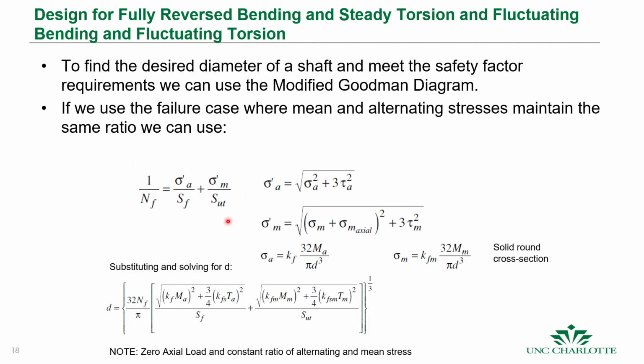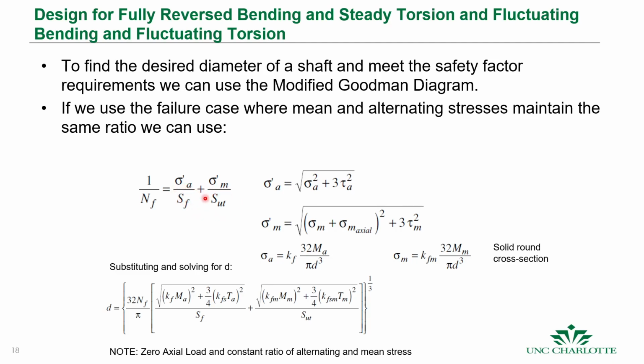Then we start with the desired safety factor against fatigue in the presence of our calculated corrected alternating and mean stresses. We just get those from calculating the stresses and then applying our safety factors. Then we have our fatigue strength or endurance limit of that material, corrected.